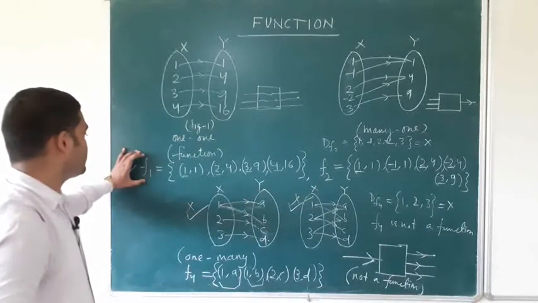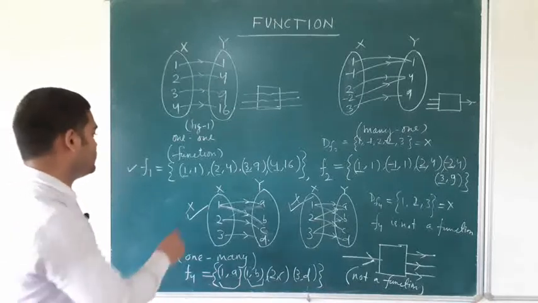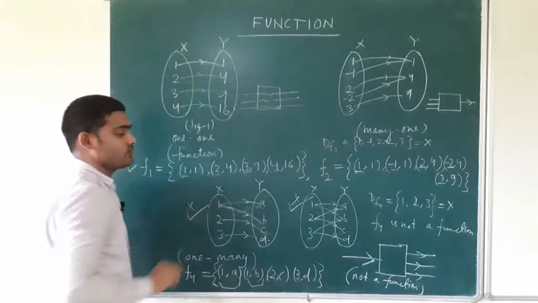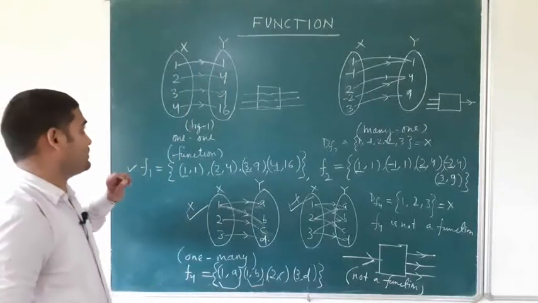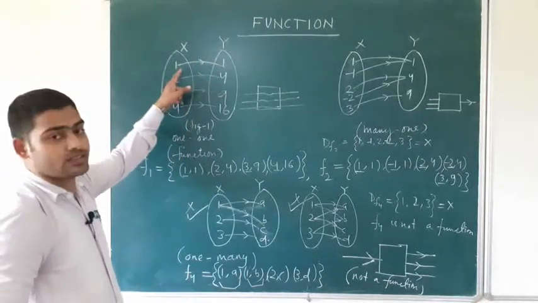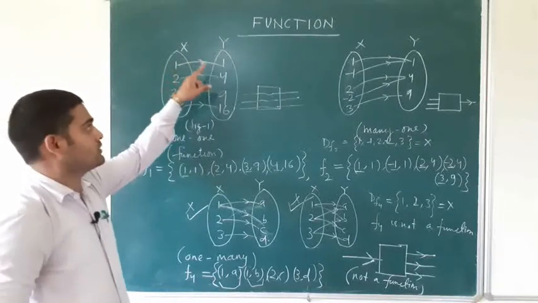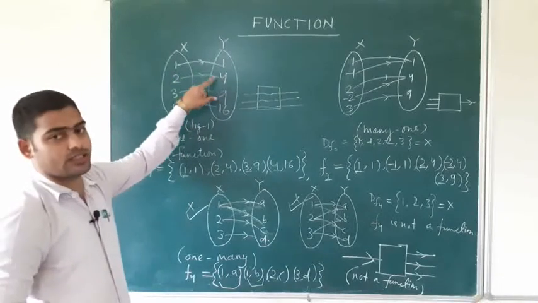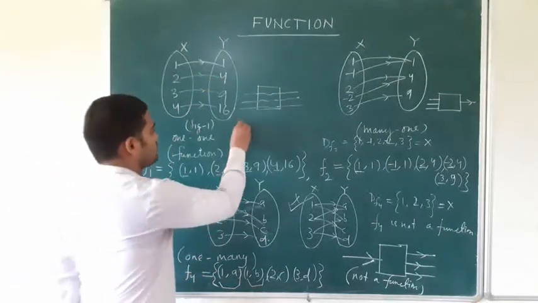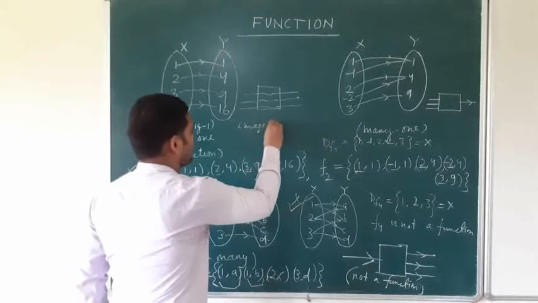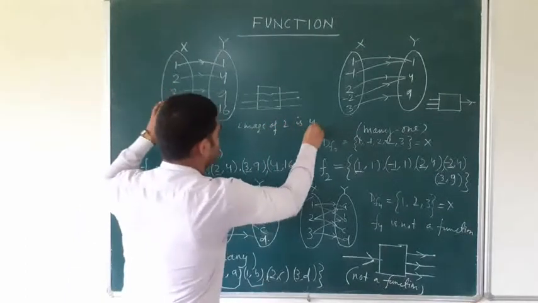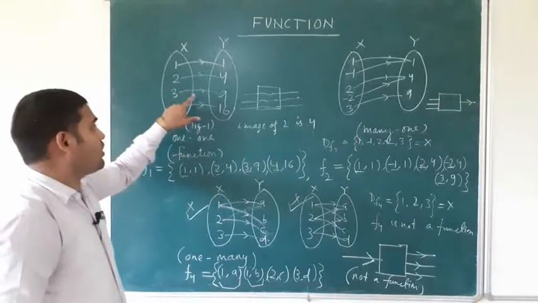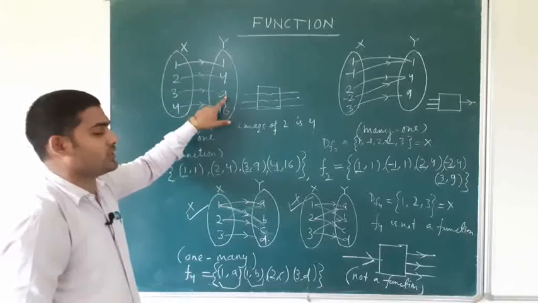And remember this, if F1 is a function, then you see here 1 is related to 1. Here we say the image of 1 is 1. Image of 2 is 4. Image of 3 is 9.